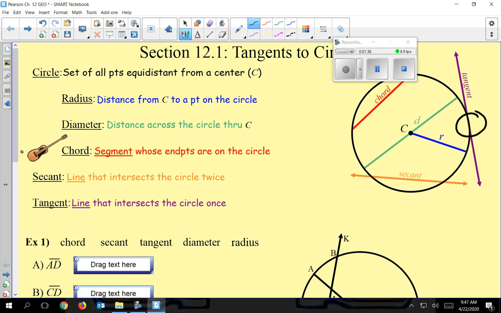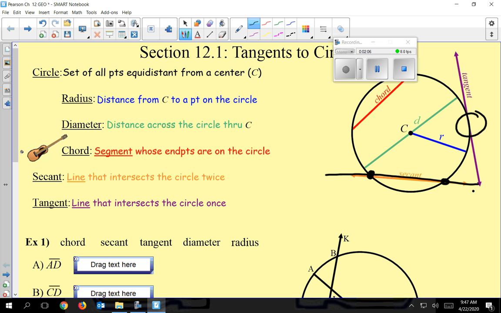Secant is another one down here at the bottom that is another trig term that we haven't used. You'll hear that in some other higher math classes, but in this case, a secant is just a line that will intersect a circle, but it keeps on going forever, and it'll intersect a circle at two places. This one goes through the circle.